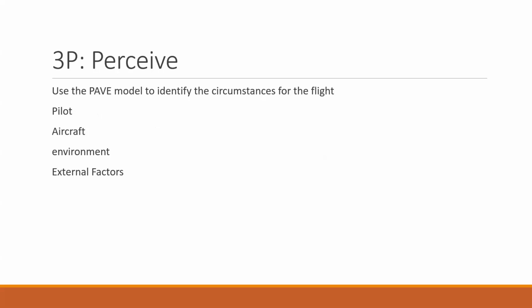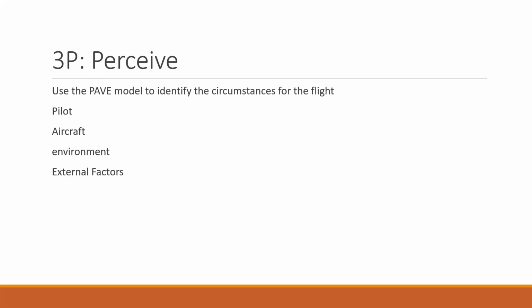So in order to perceive something, we'll use the PAVE model, for instance. So make sure that the pilot, the IMSAFE checklist, the aircraft, making sure that everything is nominal with the aircraft. So there's nothing wrong with any of the instruments, nothing wrong with the engine. Electronics look good, stuff like that.